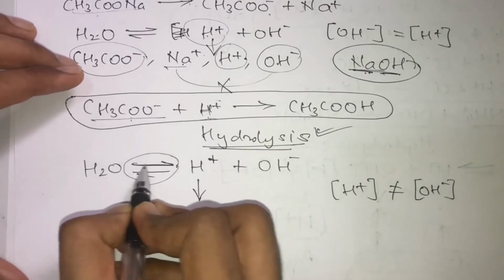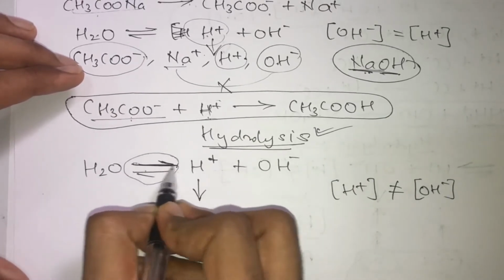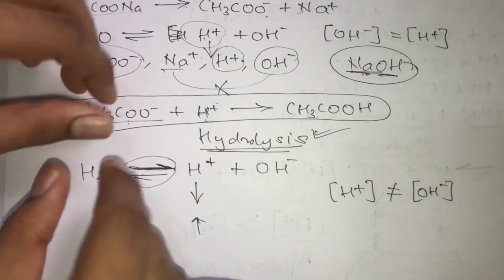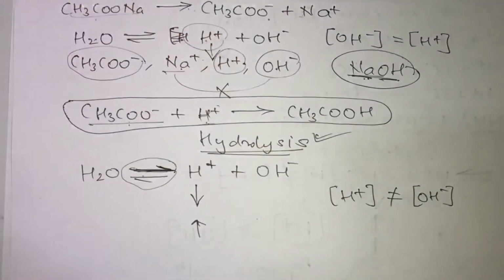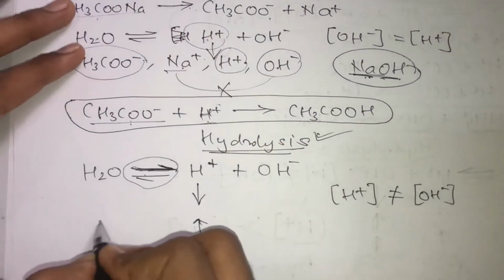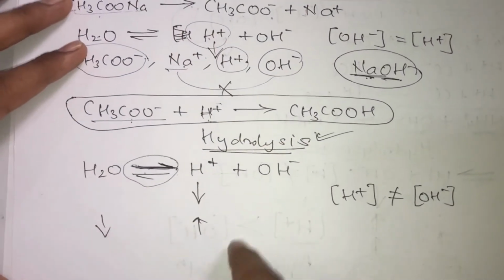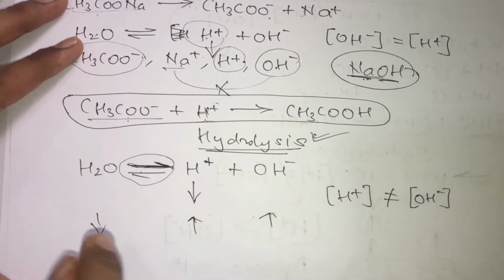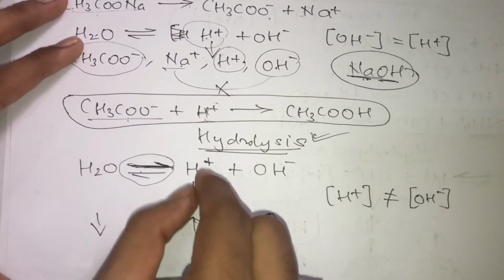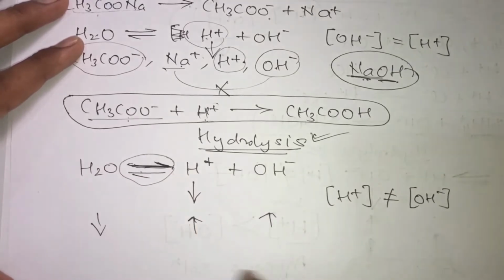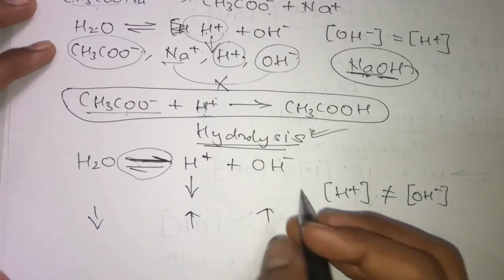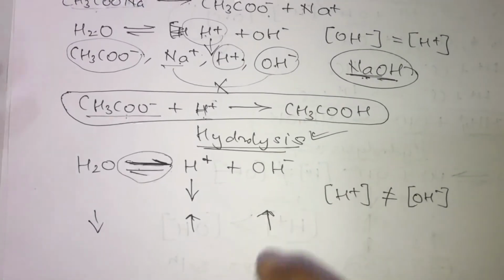So there will be a right shift because of the dominance of the forward reaction, that is H2O getting converted into H plus and OH minus. Meanwhile, when H2O decreases and it increases the H plus, it is also increasing the OH minus, because if H2O dissociates, it will give you H plus as well as OH minus. It is not only going to give you H plus, okay. So this OH minus is also going to increase.